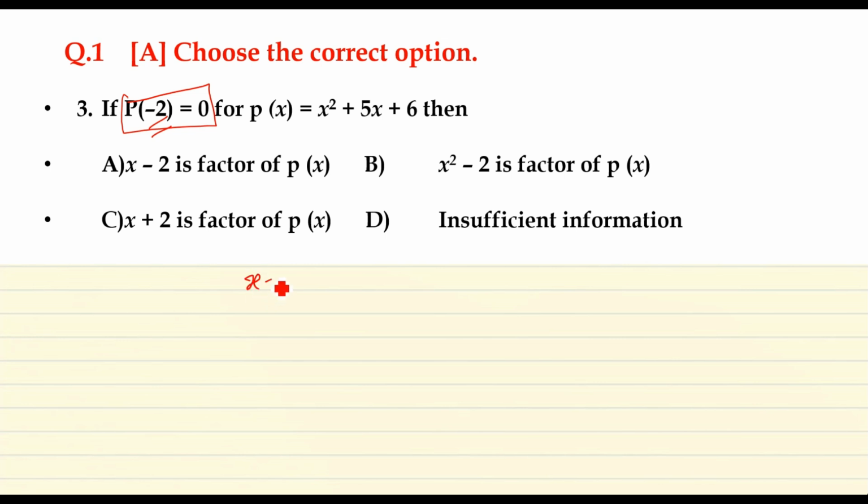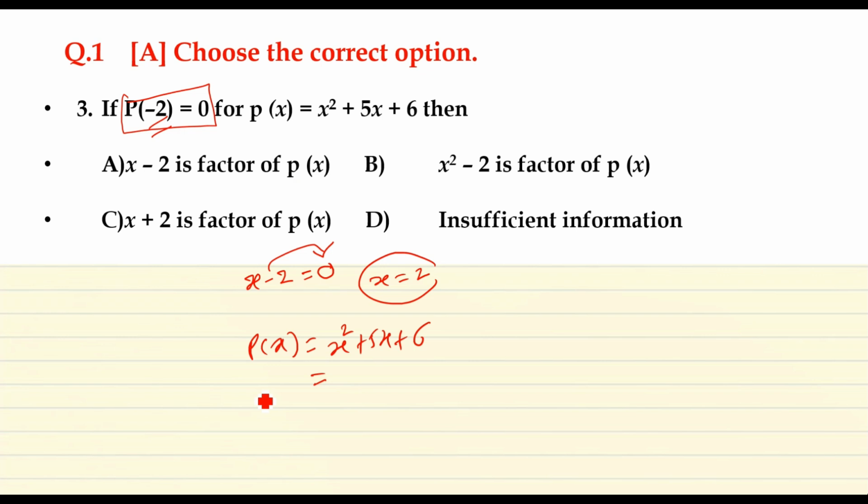Now a very simple trick we can use here. Suppose we have x minus 2 as a factor, then we consider x minus 2 equal to 0, and x is equal to 2. To check whether x minus 2 is a factor or not, in the polynomial p of x, x square plus 5x plus 6, just replace x with minus 2.